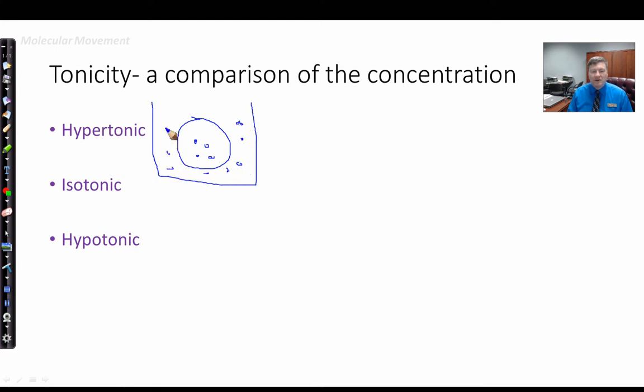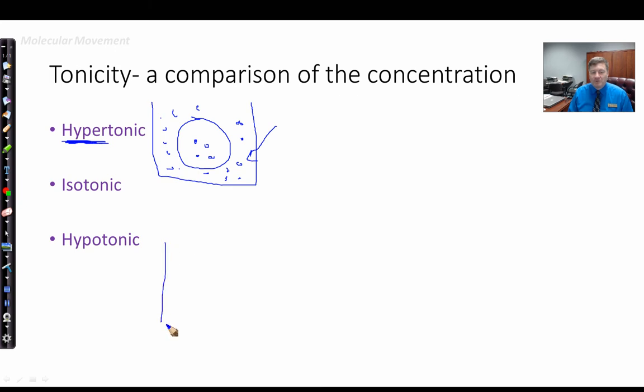If I want to compare the concentration, sorry for my great drawing here, there is more stuff on the outside than inside. So this solution is hyper, that is more than, tonic than the cell that's in it. So this is a hypertonic solution. There's more stuff in the solution than in the cell.